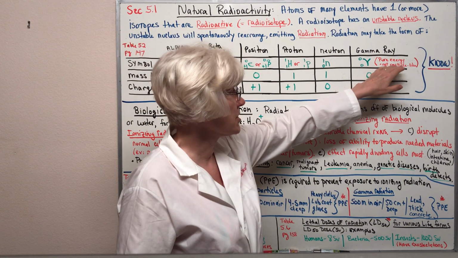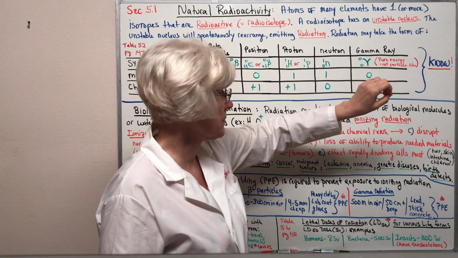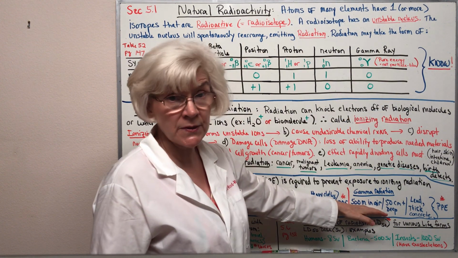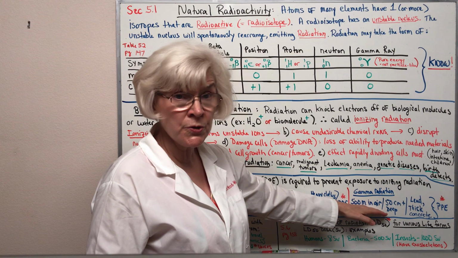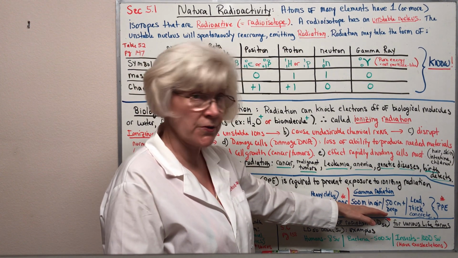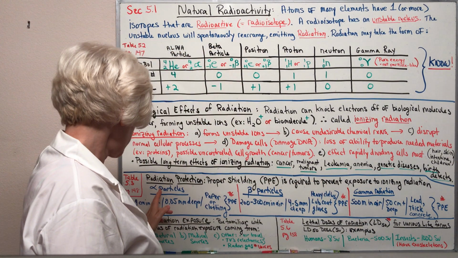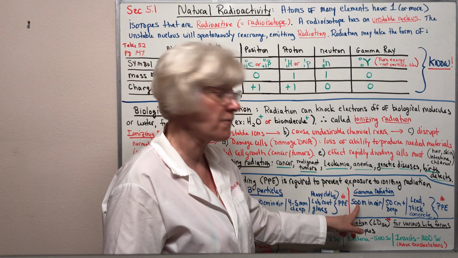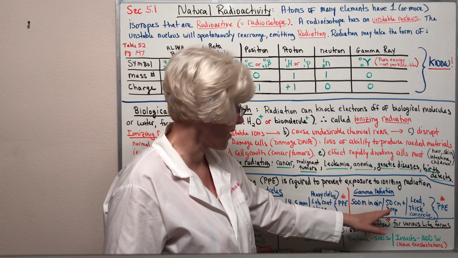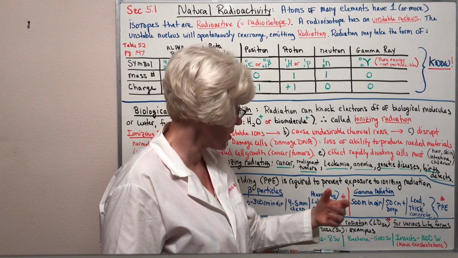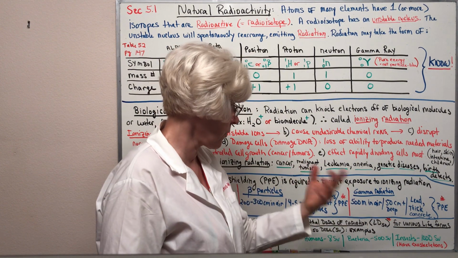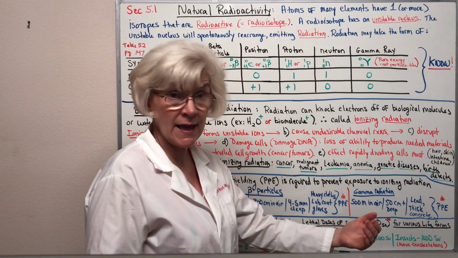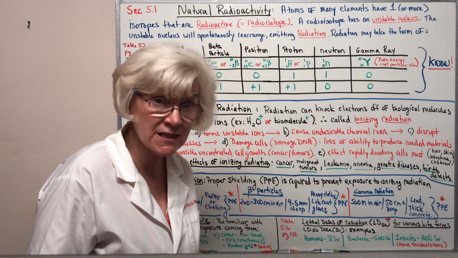Remember, gamma radiation is pure energy, not particle-like. So not surprising, it travels much further in air than either particle-like alpha particles or beta particles. Can travel 500 meters in air, penetrates tissues 50 centimeters or more deep, meaning the gamma radiation just passes right through the organism.